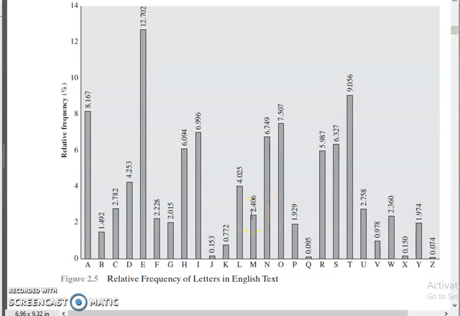I think you know that the letter E is the most used letter in the English language. Most words are made using E. So in this frequency you can see the letter E has the highest frequency. Next to E, T has the highest frequency.